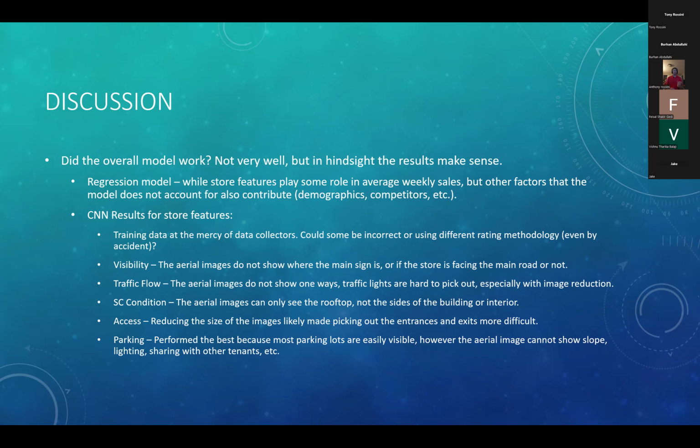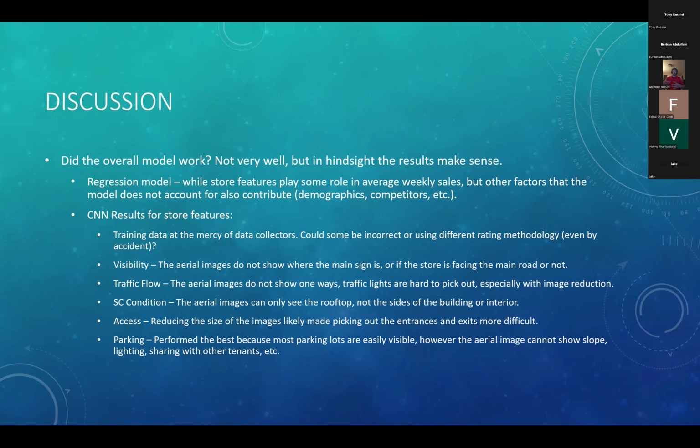For the CNN models themselves and trying to predict those store features, the training data was at the mercy of these data collectors or assessors. So they could be, number one, incorrect, or using different rating methodologies.